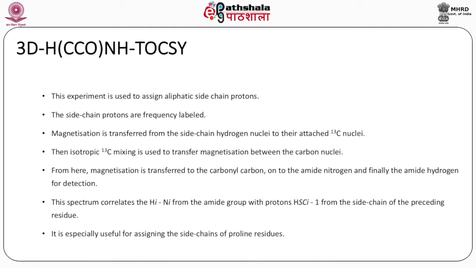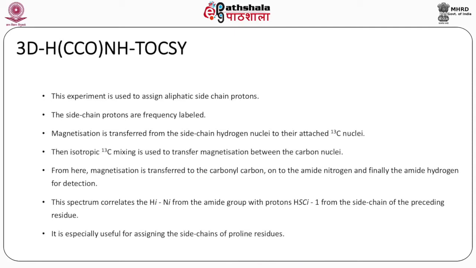Then isotropic C13 mixing is used to transfer magnetization between the carbon nuclei. We have learnt about the proton-proton TOCSY, and here there is a C13 TOCSY. From here, magnetization is transferred to the carbonyl carbon, onto the amide nitrogen and finally the amide hydrogen for detection.